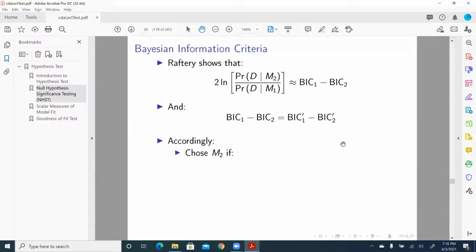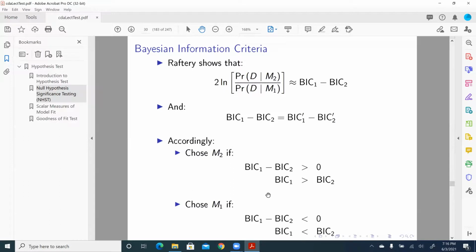Accordingly, we're going to choose model 2 if BIC 1 minus BIC 2 is greater than 0, which leads to BIC 1 greater than BIC 2. Just in simple words, the model that has smaller BIC, either BIC or BIC prime, is a better fitting model. The smaller BIC or BIC prime is, the better the model fit.